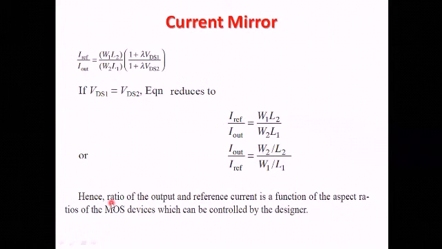Hence, the ratio of the output and the reference current is a function of the aspect ratios of the MOS devices, which can be controlled by the designer. This is a very important line.